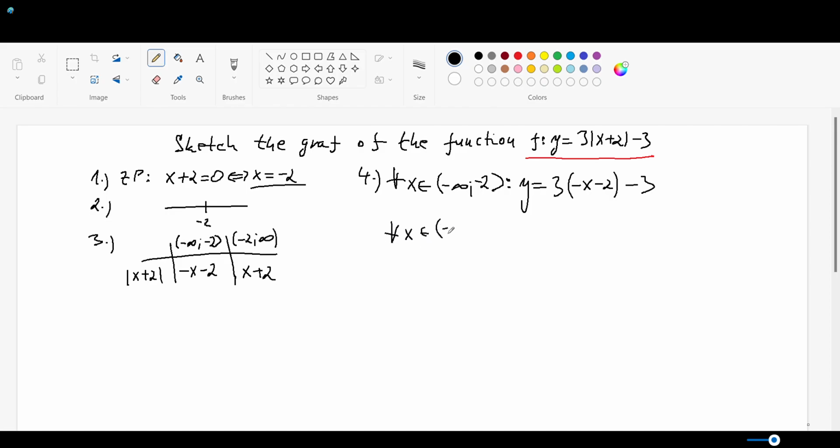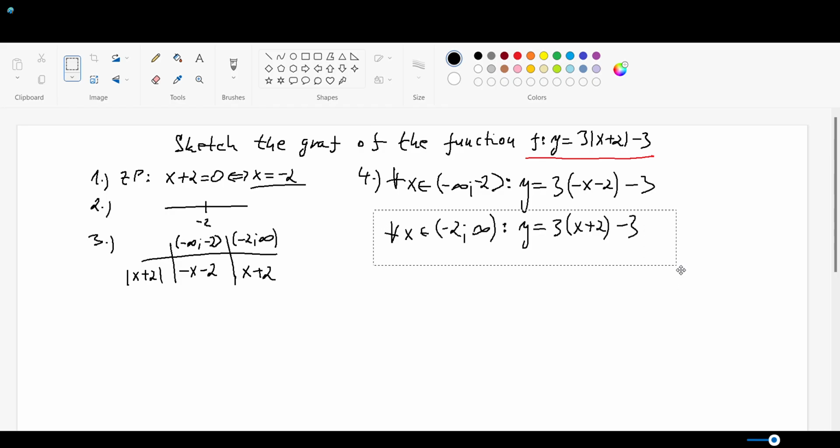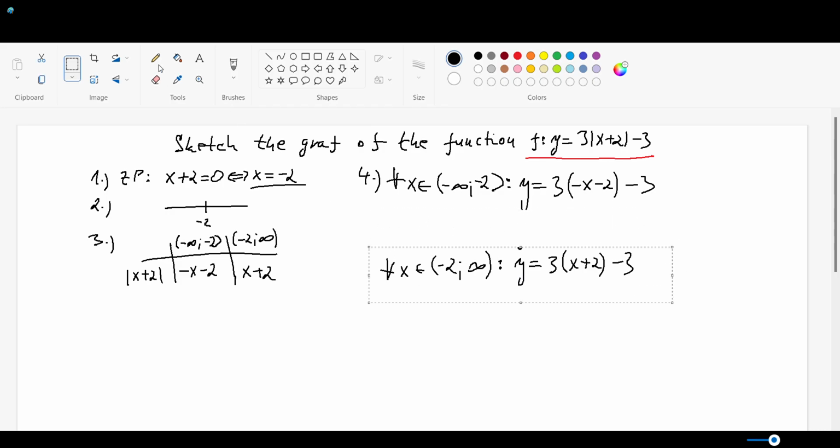Next, we do the same procedure for x being from the interval -2 to the infinity. So my function will be defined by the equation 3 times (x plus 2), the same procedure as we did here, take away 3. But if you look at this, we can simplify both equations.